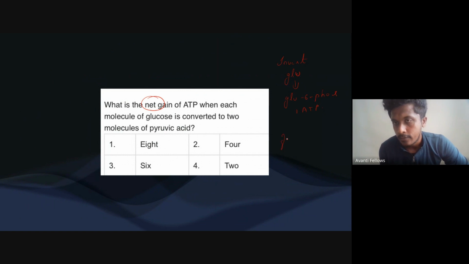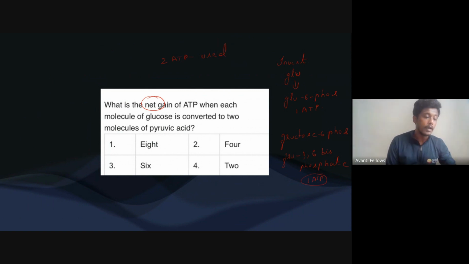Again, fructose 6 phosphate into fructose 1,6 bisphosphate, I use one more ATP. So I have used around 2 ATP.